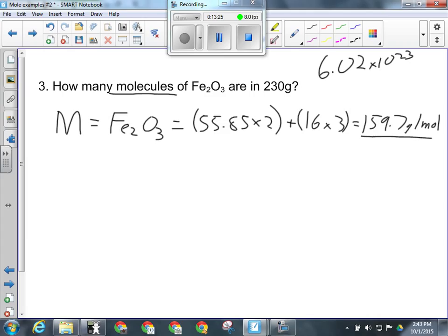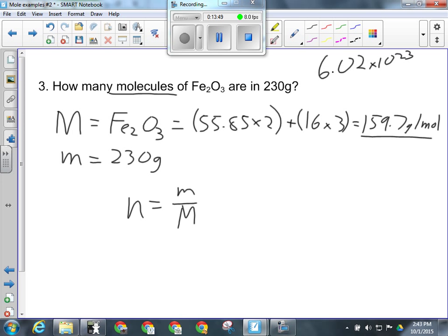Okay, so I've got big M. They also tell me little m, right, 230 grams. All right, if I'm not sure where to go from here, I have big M and little m. What does my mole equation formula say I should do with those two numbers? It says I should divide them, right? That's what it's set up as.